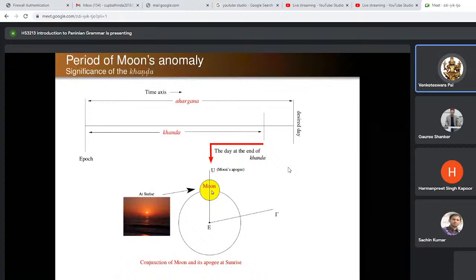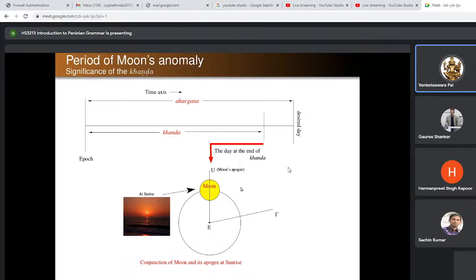Think that the moon starts its motion at U close to the sunrise of a day. The duration for the moon to come back to U, because U is the moon's apogee, the point at which the moon has the slowest motion, is what matters. So the time period taken by the moon to come back to its apogee is known as the anomalistic period.